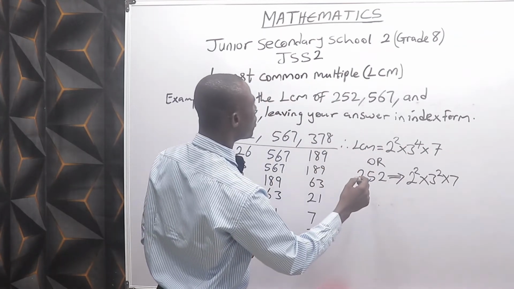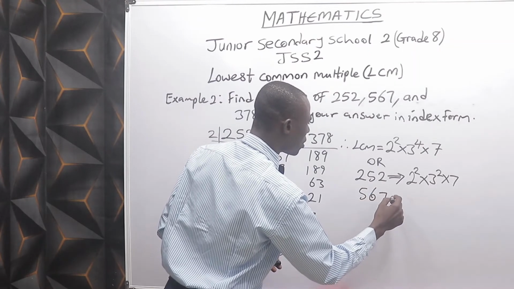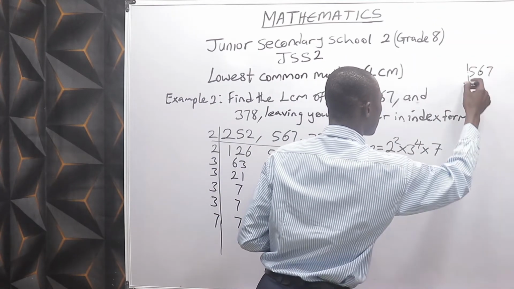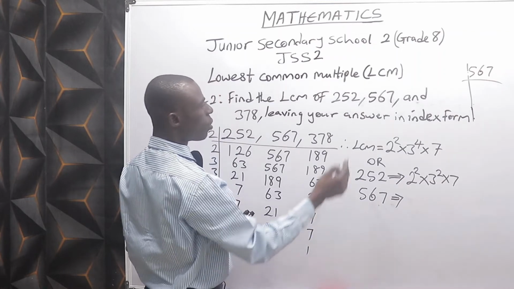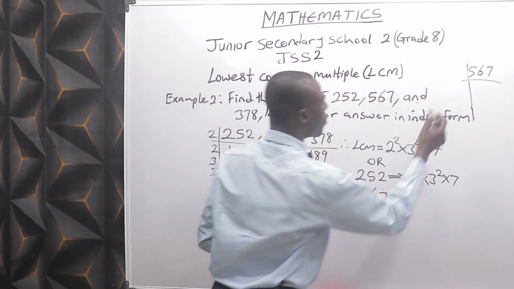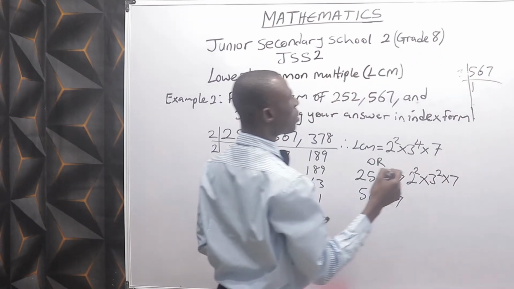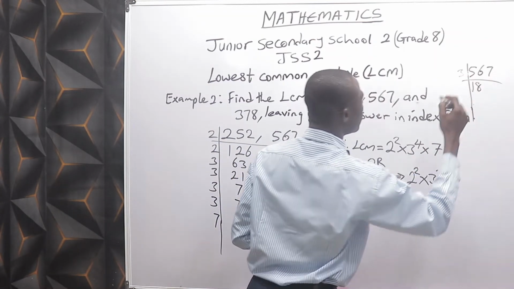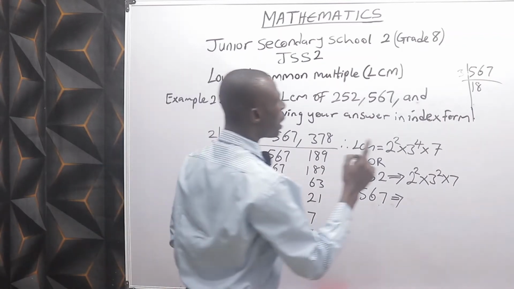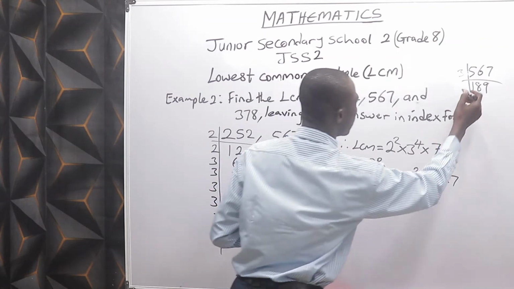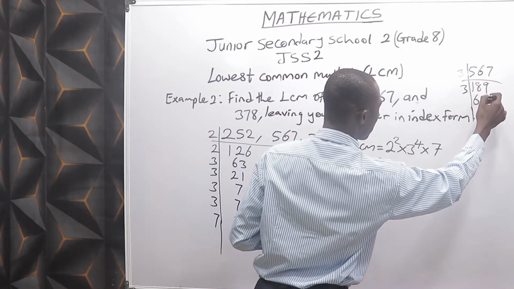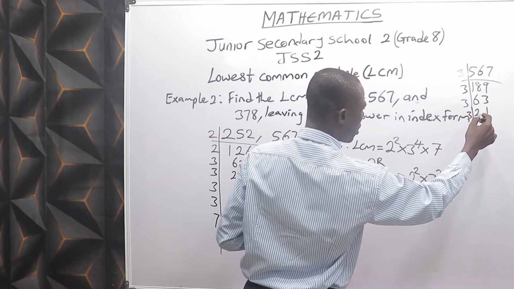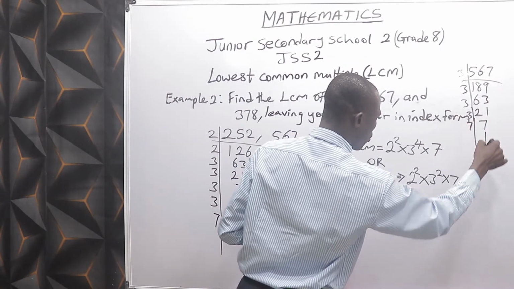And the second number, which is 567, should be, what goes in this? 3. 3 goes here. 3 in 567 is 189. 3 in 189 is 63. 3 in 63 is 21. 3 in 21, that's 7. 7 in 7, 1.